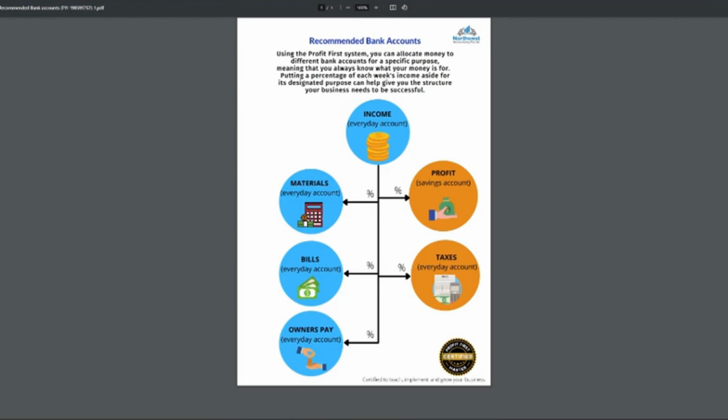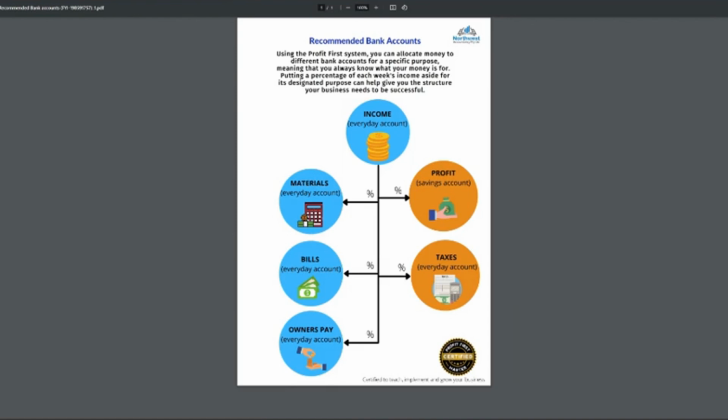And so having a bank account set up for profit means that every quarter you can turn around and go, even if there's 1% going into this profit bank account, it's money that you're not spending on running the business. It's money that you're accumulating because you're running a profitable business.